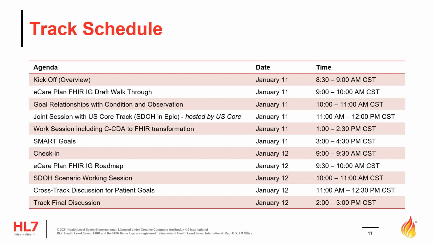The details are still to be finalized, but our expectation is that this joint session will be hosted by US Core, and we'll join that group and specifically look at the profiles and work in the current build draft around social determinants, and emphasize and discuss some of the scenarios that we highlighted here a few minutes ago.